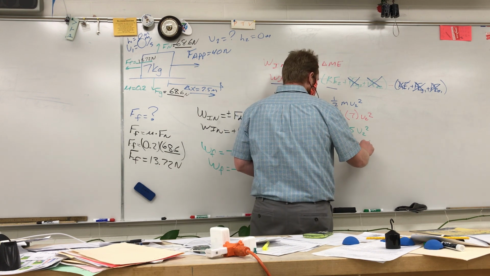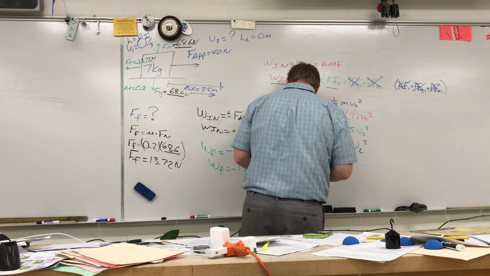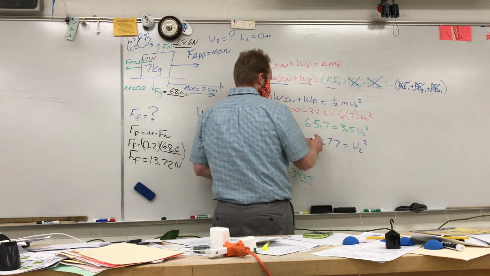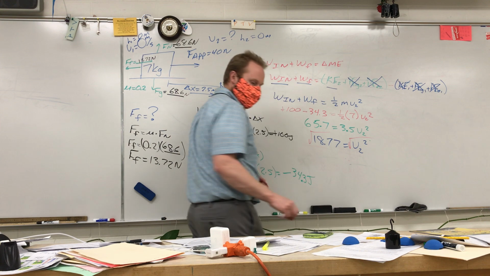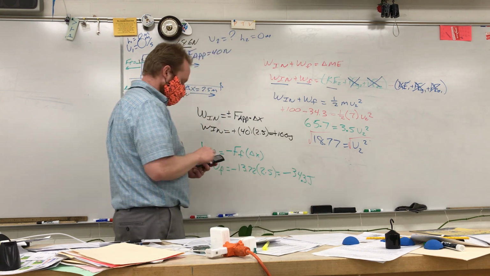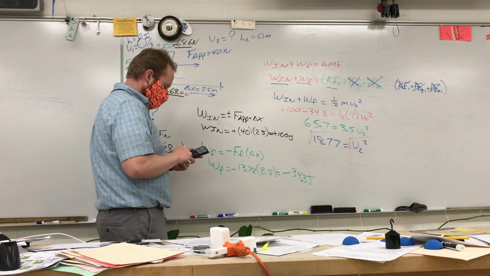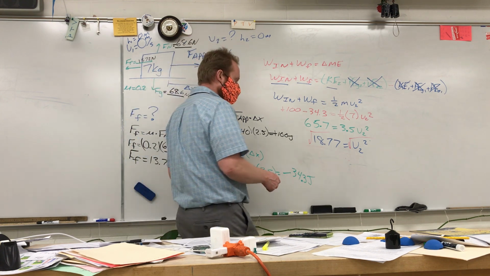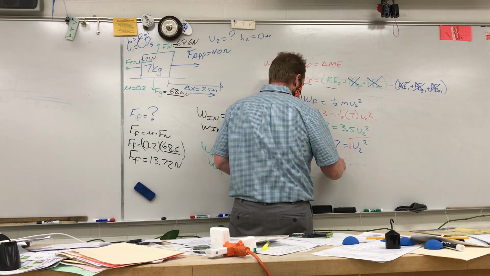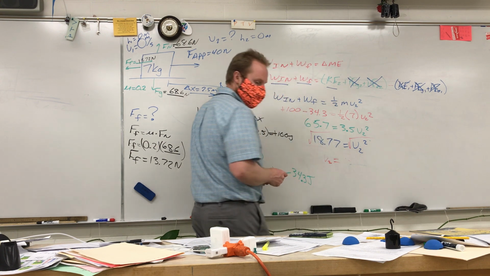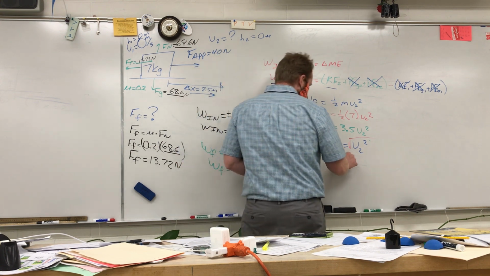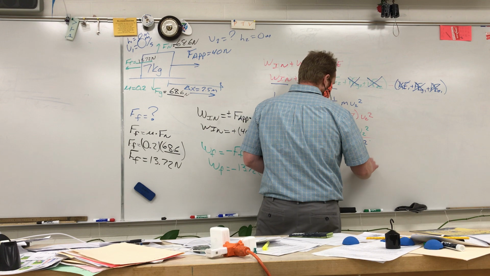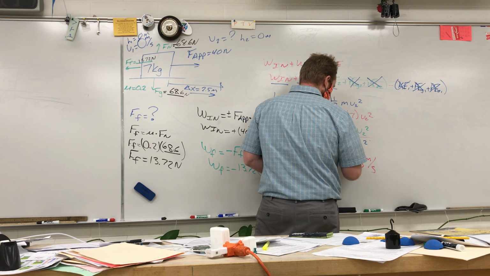Is that V2? No, that's V2 squared. It's a lot more digits, so I'm not gonna take the square root of 18.77. I'm gonna take the square root of my previous answer on my calculator, full decimals. And my V2 is 4.33 meters per second.